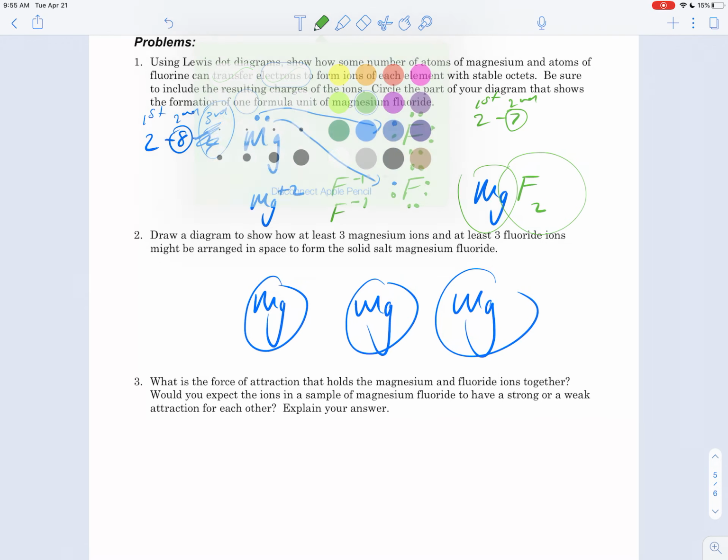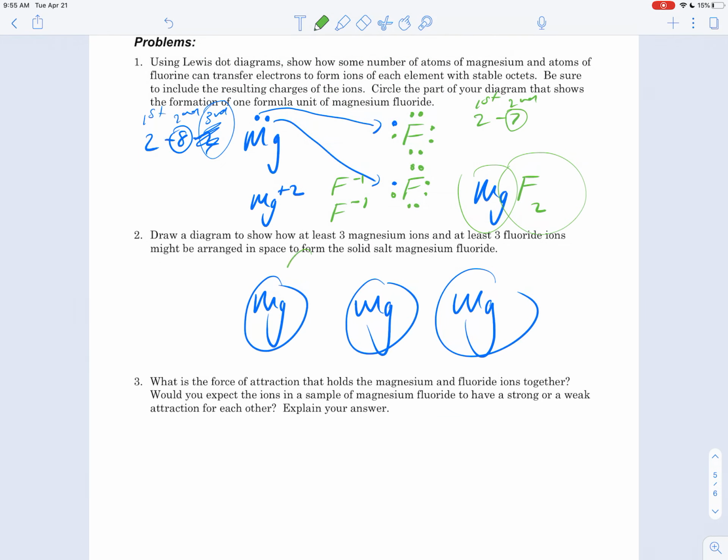And it doesn't really matter at this point exactly how you draw them. I'm just going to make sure that I've got 6 fluorides. And the fluorides have got negative charges. I've got 6 of them. Magnesium's got a positive charge, +2.